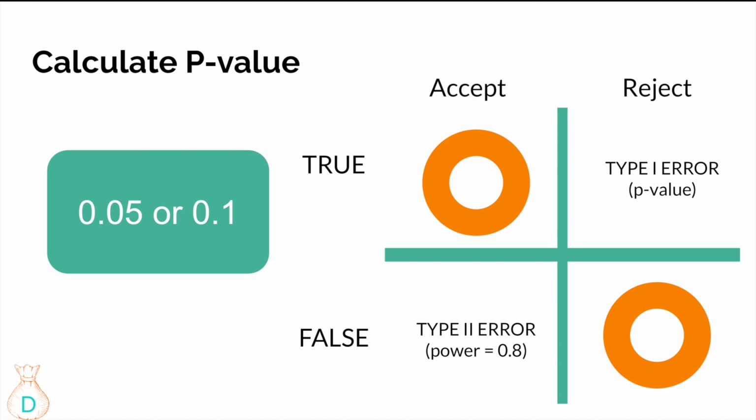Let me explain a little better. When you use 0.05 or 0.1, it's usually because of how important it is to make your business decision. So 0.1 is 90% confidence, and you don't need to be as confident in your results. As you can tell, it's 90% versus 95%.